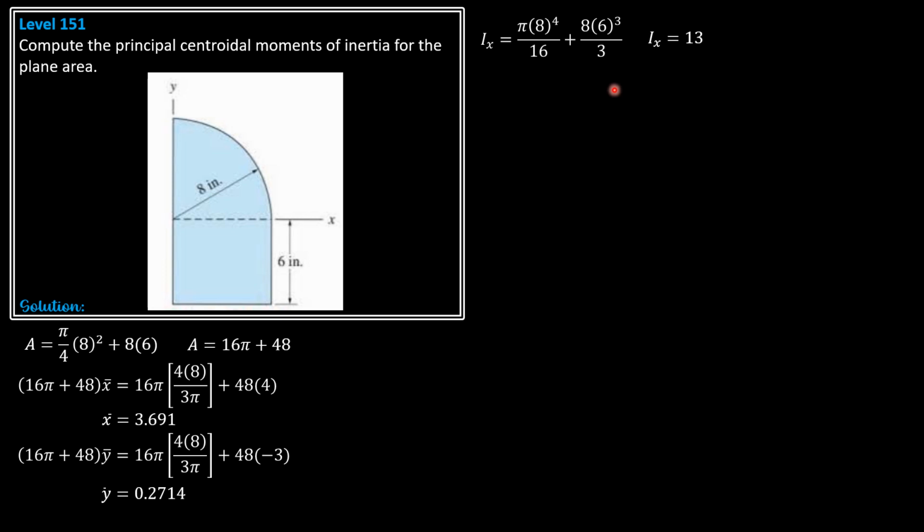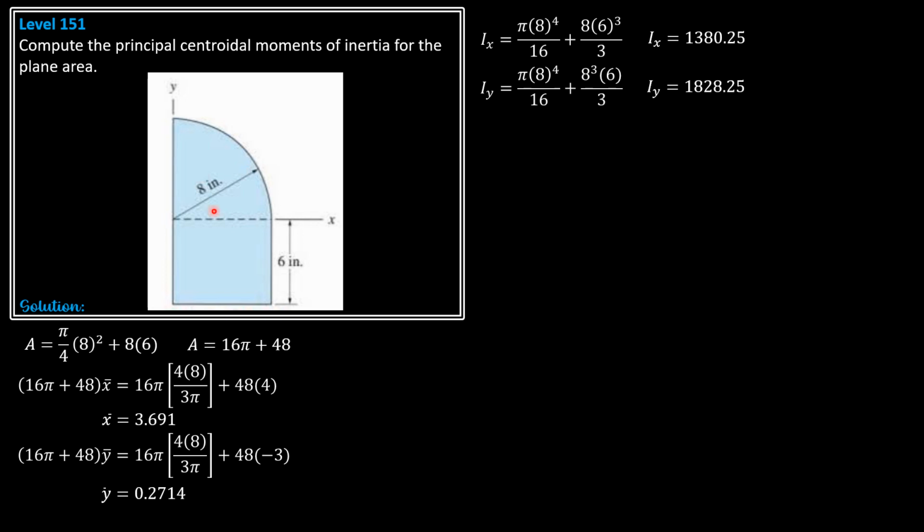So it is equal to 1380.25 inches to the 4th. Iy is pi 8 to the 4th over 16 plus 8 cube times 6 over 3, and it is equal to 1828.25 inches to the 4th.